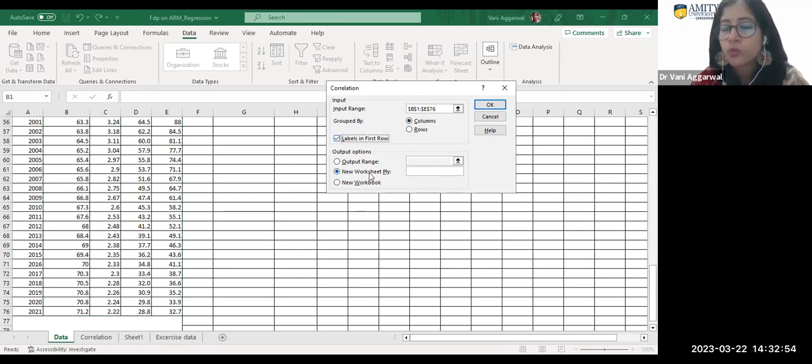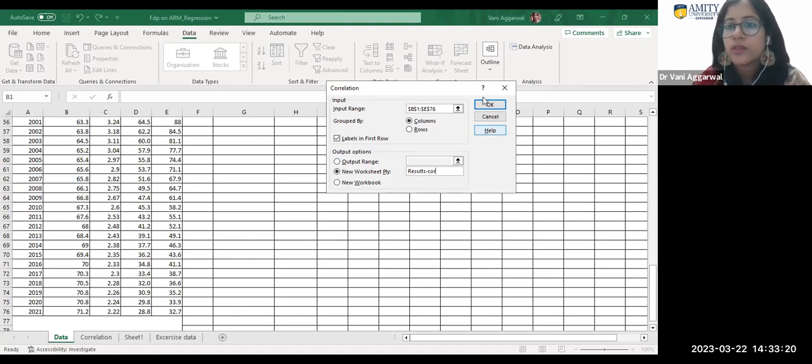Now, output range I do not want here. I am exploring the second option, because I have already done descriptive statistics using the output range option. So I want a new worksheet ply, and you can give this sheet a name, say, results correlation.